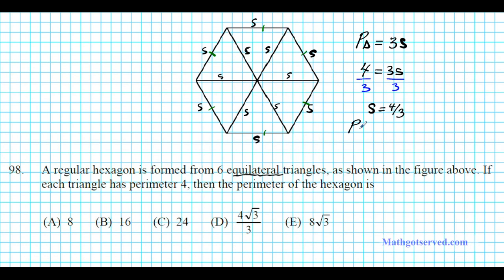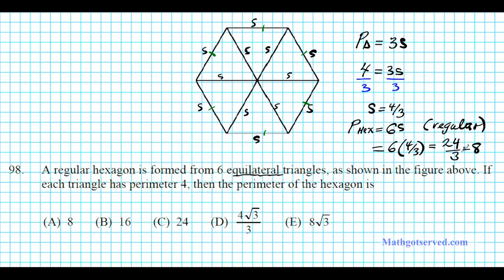The perimeter of a hexagon is 6 times the side length. In this case, we're dealing with a regular hexagon. If it's not regular, then this formula is not applicable. You're going to do the sum of all 6 side lengths. So we know what S is. S is 4/3. So our perimeter here is going to be 6 times 4/3. If you multiply across, you have 24/3.